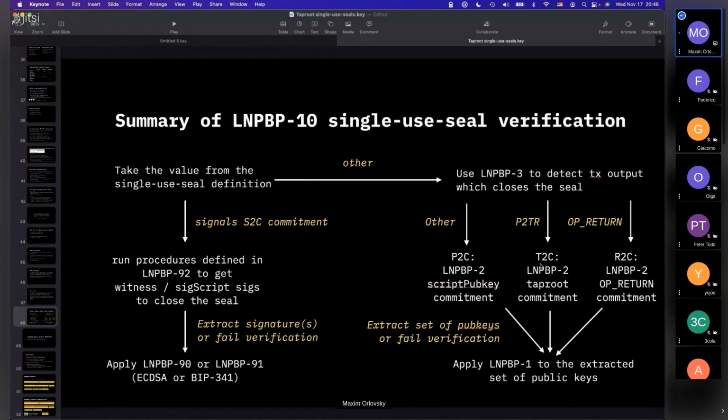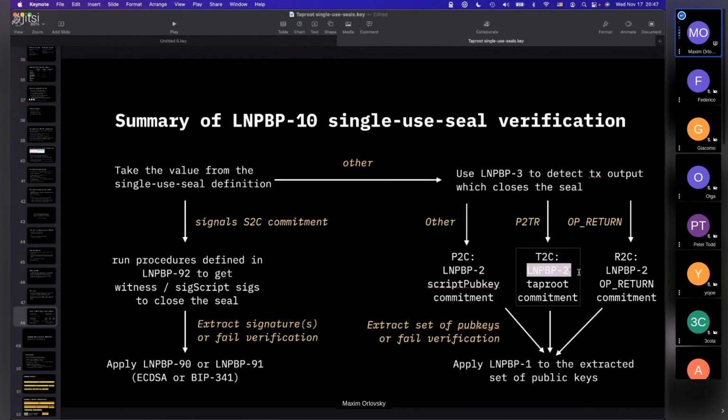If it is pay-to-taproot, we use a slightly modified procedure, because pay-to-taproot is by itself a pay-to-contract commitment. So we apply our single-use seal commitment to the internal key of the taproot. Then on top of that, we apply the normal taproot commitment. So it's a modified scheme of pay-to-contract, which I named tap-to-contract.